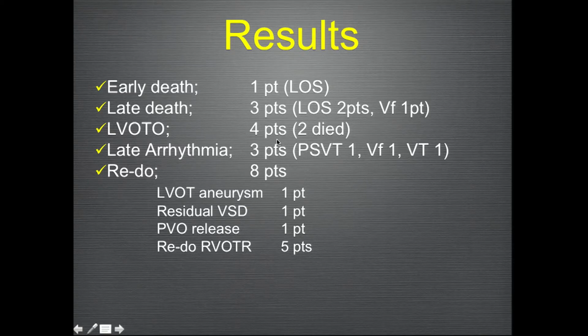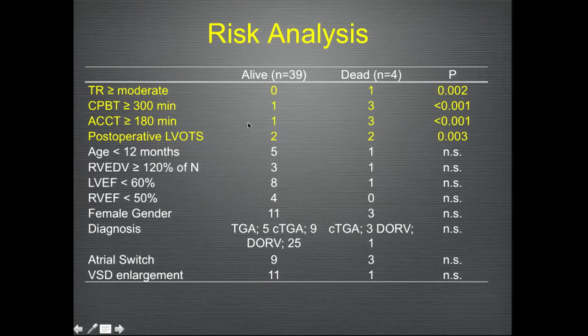But for patients with left ventricular outflow tract obstruction and later arrhythmia, we calculated how long the distance from the left ventricle to the aorta was. In the risk analysis, alive was 39 and dead was 4. Tricuspid regurgitation, long operation time and aortic cross-clamp time, and post-operative LVOTO were calculated. But before operation, small babies were not a risk factor, and preoperative left ventricular ejection fraction was not a risk factor.